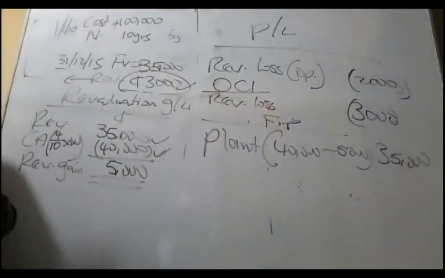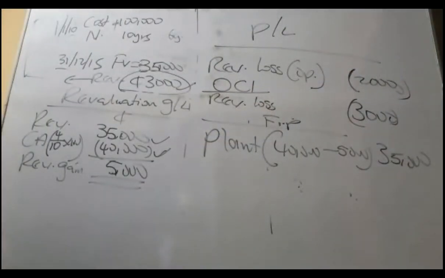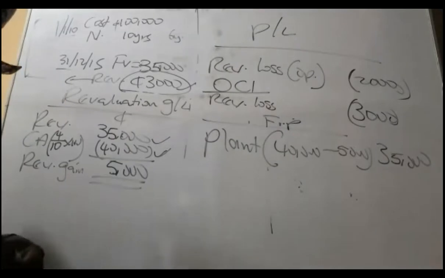Then we are releasing 3,000 to go and offset it, so 3,000 in brackets. That means here we cannot record the entire 5,000. We are left with 2,000. Agreed? So only 2,000 is recorded in the profit and loss as the revaluation loss.